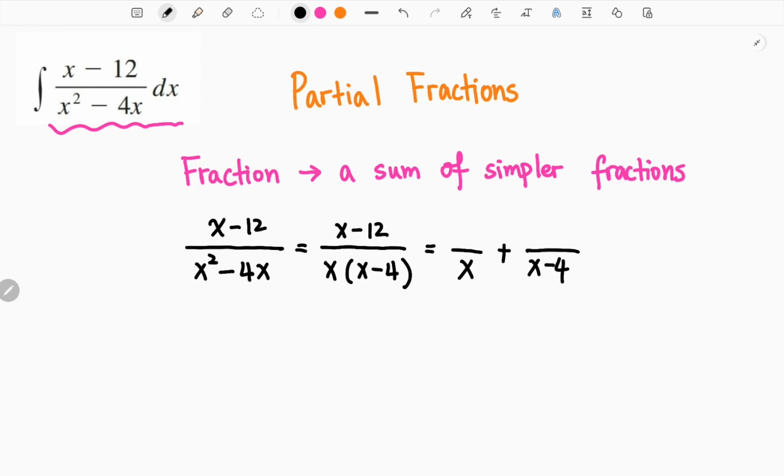The question remaining here is, we don't know what should be on the top, so let's set it to be A and B. A and B are our unknowns in this case. What we want to do is to solve for A and B so that the right side of the equation is equal to the left side.